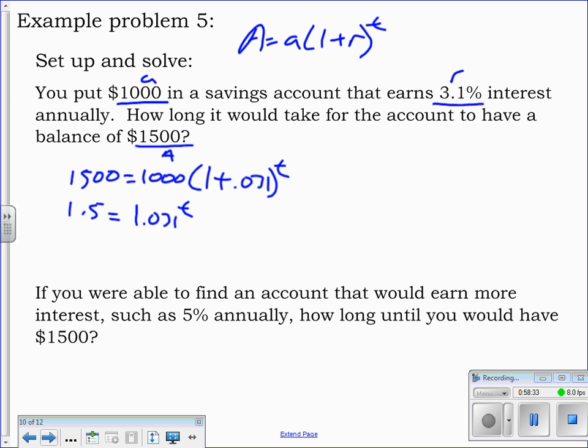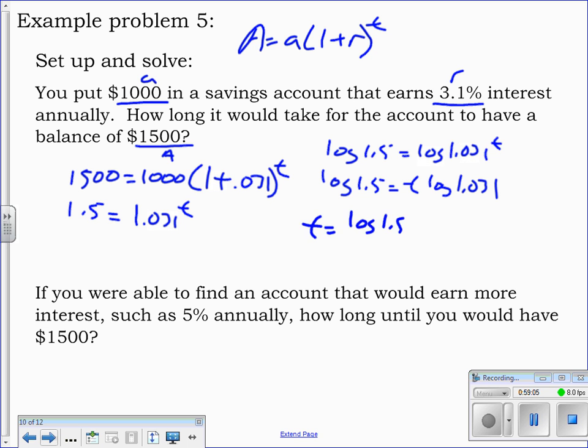Now I do exactly what we just got done doing. Take the log of both sides. The log of 1.5 equals the log of 1.031 to the t power. Bring the t down out in front. Log of 1.5 equals t log of 1.031, divide by log of 1.031. T equals the log of 1.5 divided by the log of 1.031.